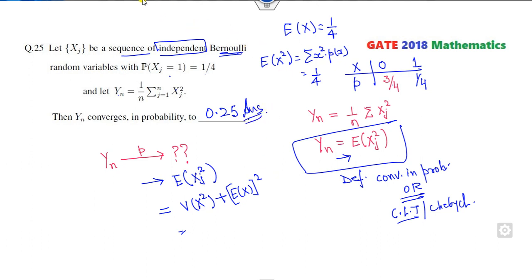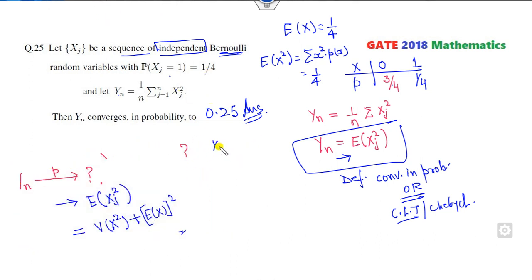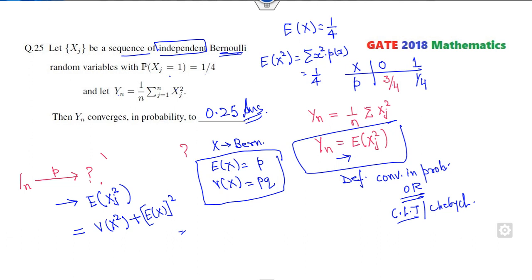Another way to solve it: we all know X follows Bernoulli. The mean of the Bernoulli distribution is p, and the variance is pq. If you remember, the mean of the binomial distribution is np and the variance is npq; if you take n is 1, it matches. So E of X square is pq plus p square.